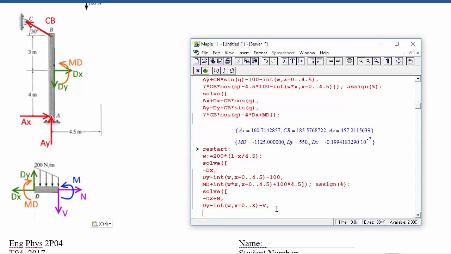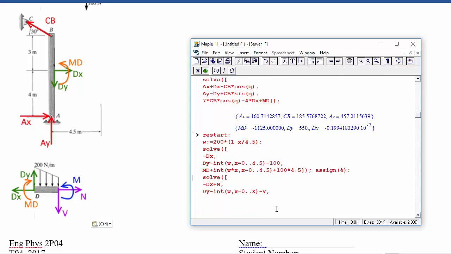So then we need the moment equation. We did the x force equation, the y force equation, and the moment equation is going to be, let's say, about point D there. We would have big M is in the counterclockwise direction. So that's the only one in the counterclockwise.